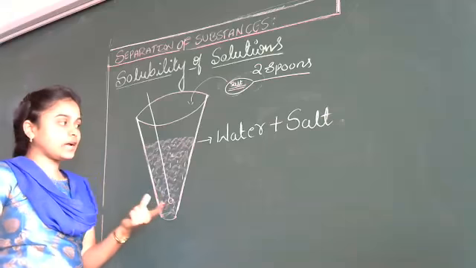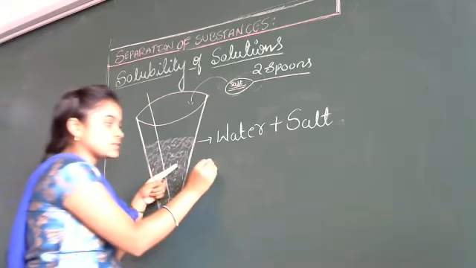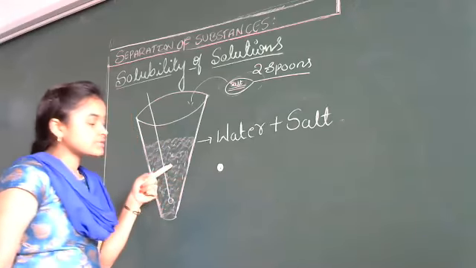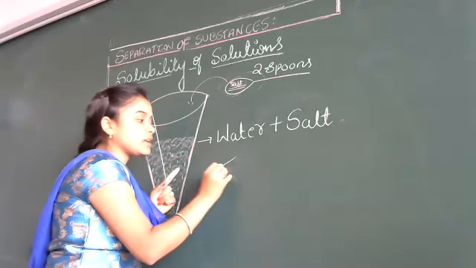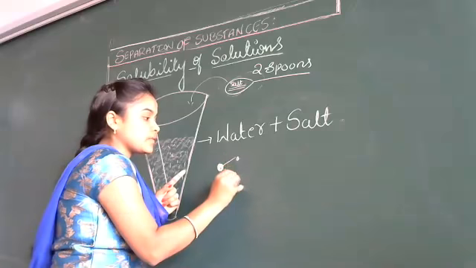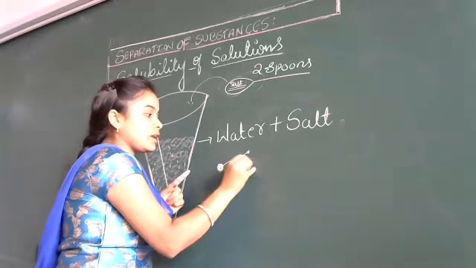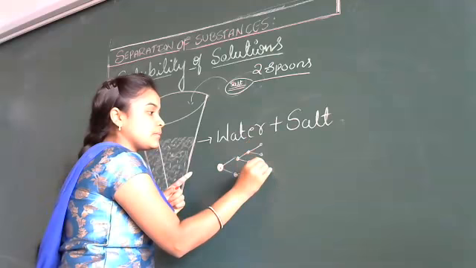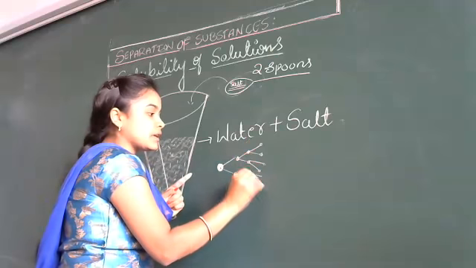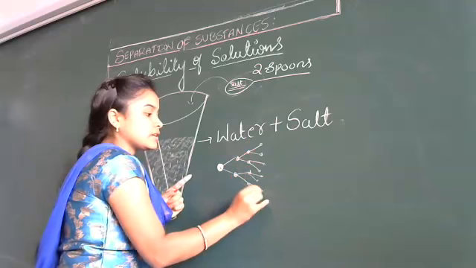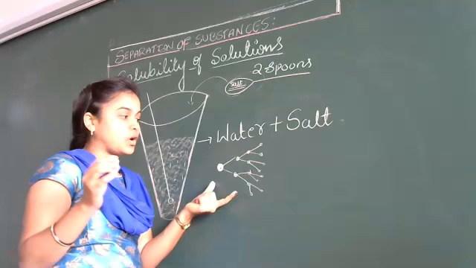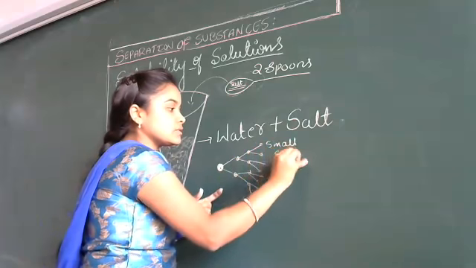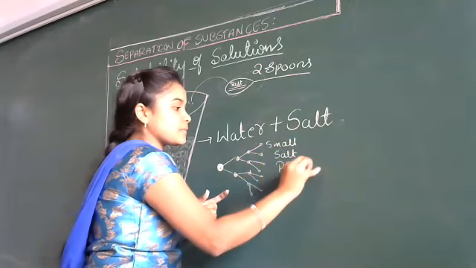Now what you observe here is this salt, suppose this is the salt particle. After adding this salt in water, again it will break down into many very small salt particles.